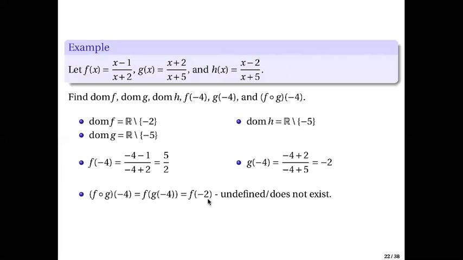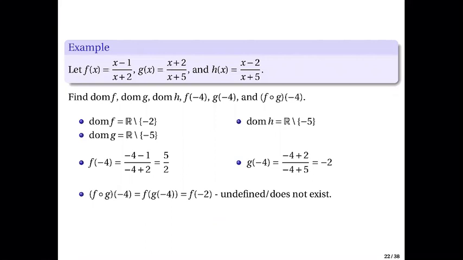I have a question. Sure. G of negative 4 will always be negative 2? Yes, because you calculated it here. You just replace your x with negative 4. It's just calculation.